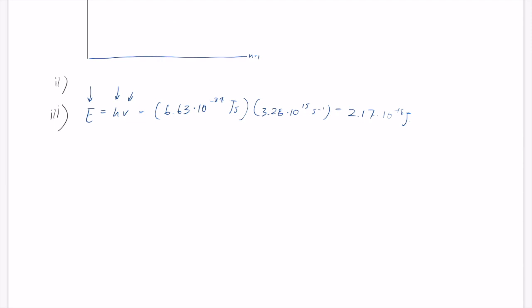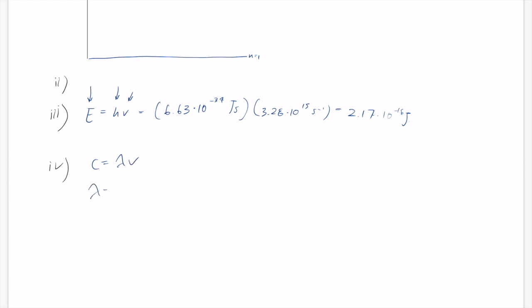So IV, question 4, let's get it. Calculate the wavelength in meters for the electron transition corresponding to the frequency in A using section 1 of the data booklet. Okay, so section 1 gives us that c is equal to wavelength times frequency.